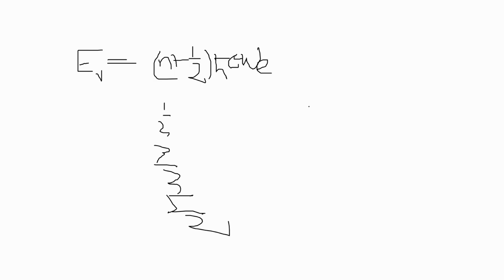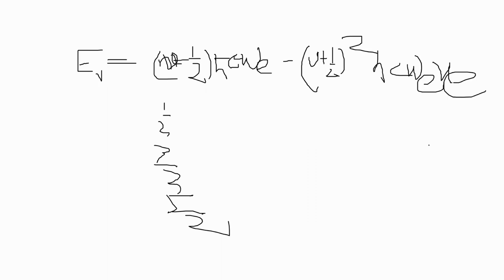But if you introduce anharmonicity, then the energy of the state will change, and it will be (v + 1/2) h cross c omega e minus (v + 1/2) squared h c omega e x e, where x e is known as the anharmonicity constant, and this anharmonicity depends upon the mass.